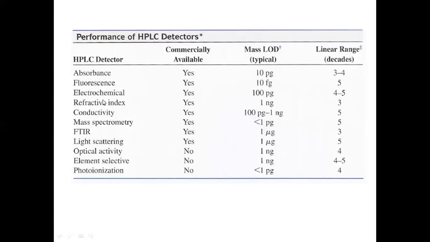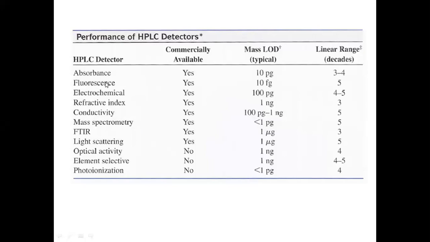Electrochemical detectors, mainly diffusion current detectors, are going to produce either electrical conductivity or electrical current after they undergo electrical transformation. So this is going to be the principle. While using the refractive index detectors, the difference between the refractive indices of the mobile phase and the solute in the presence of mobile phase will be measured.